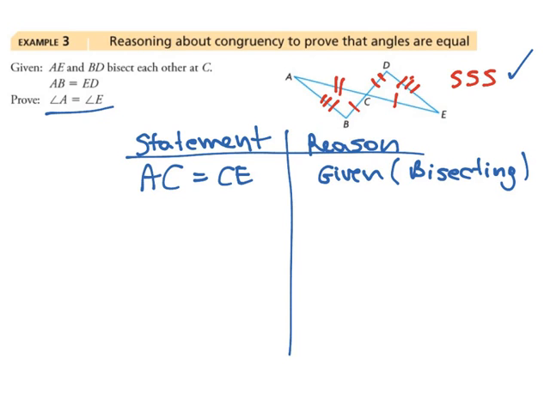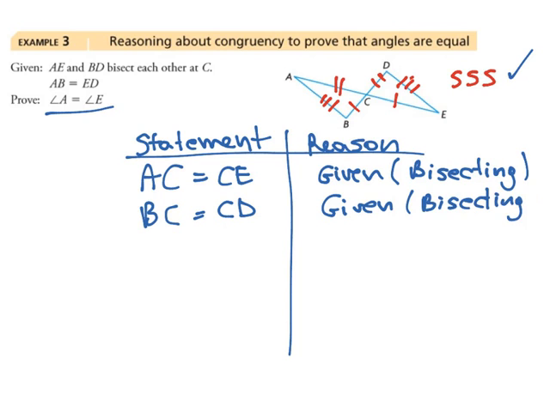Therefore, we continue on. We have BC is equal to CD. And also given, it's bisecting. And then AB is equivalent to ED. That's given in the question right here.